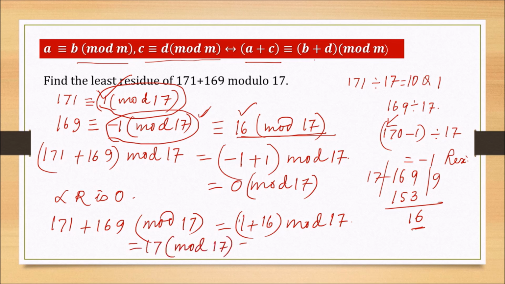Certainly the remainder here is 0. So 17 is congruent to 0 modulo 17. So least residue is 0. So certainly this method is more simple to calculate.